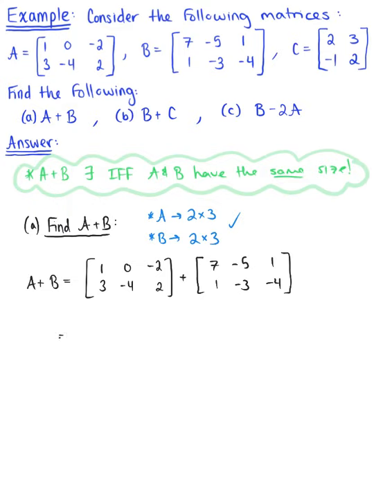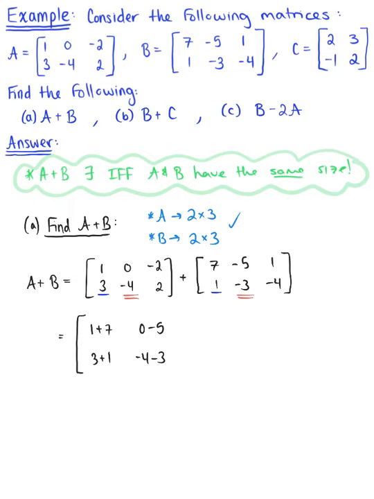So this means we're going to have the sum of the first two corresponding column vectors. So that's going to be 1 plus 7. And the second entry will be 3 plus 1. Beautiful. So now we want to go ahead and add the second corresponding column vectors. So that's going to be 0 minus 5, and then negative 4 minus 3.